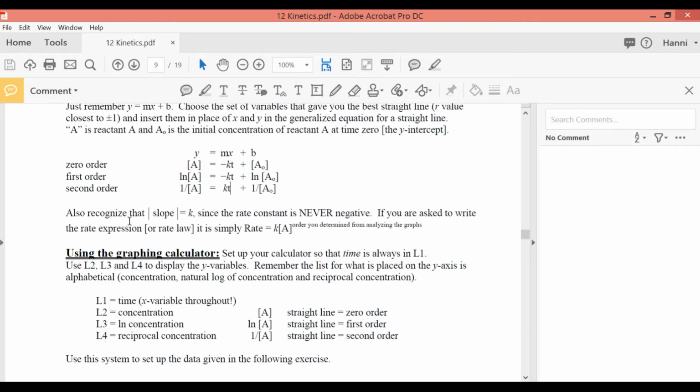All right. But no matter what you have, negative or positive, take the absolute value to get that slope. So you want absolute value, don't care about the negatives or positives.